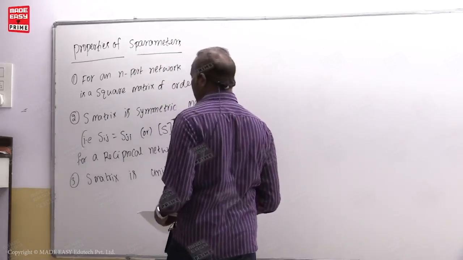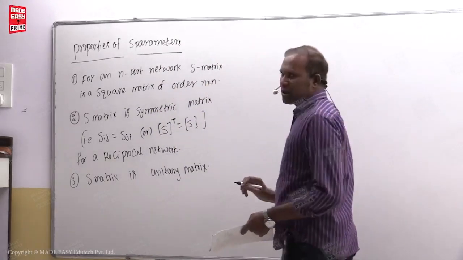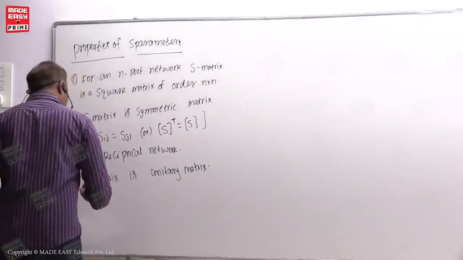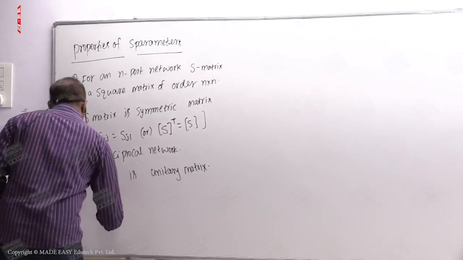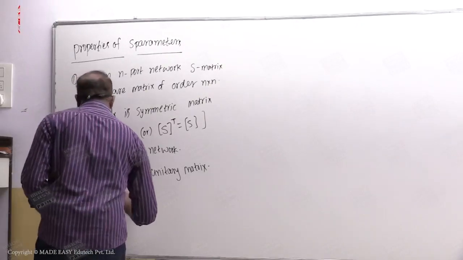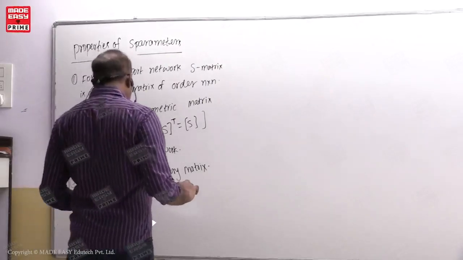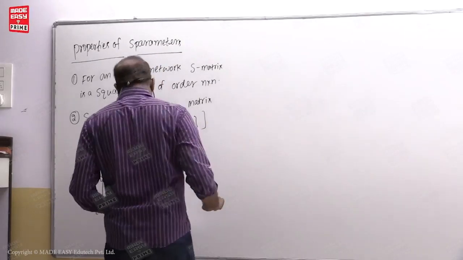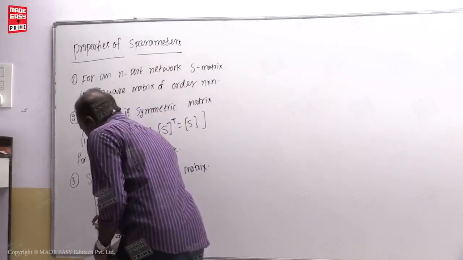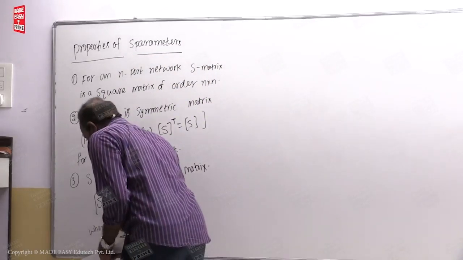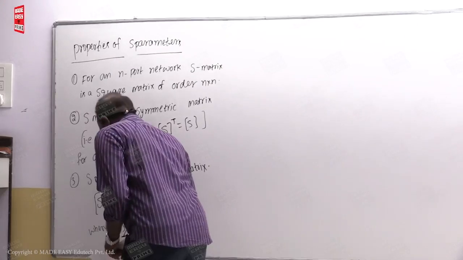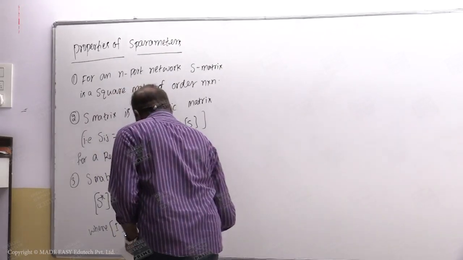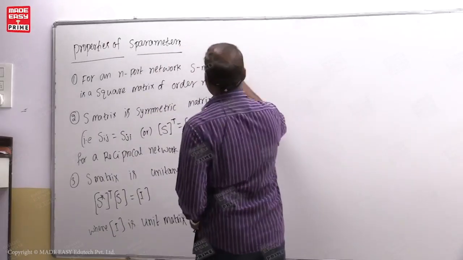And otherwise you can write like this: S matrix follows unitary property. So like that also you can write. That means S star transpose multiplied with S gives unit matrix, where I is unit matrix.